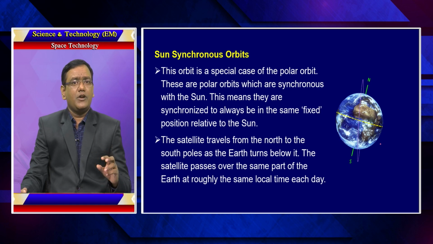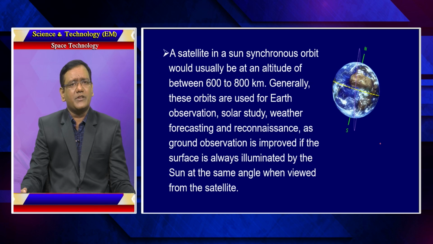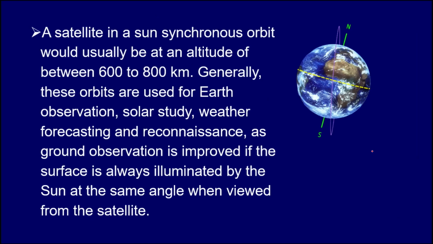So if you want to observe Hyderabad every day at a particular time, then we will be using sun synchronous orbits. If we want to observe a place at a particular time, we will use these sun synchronous orbits.